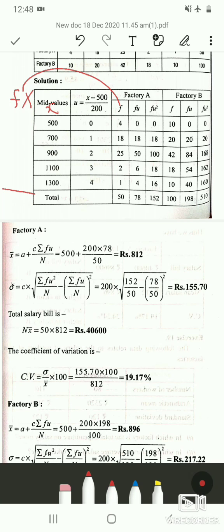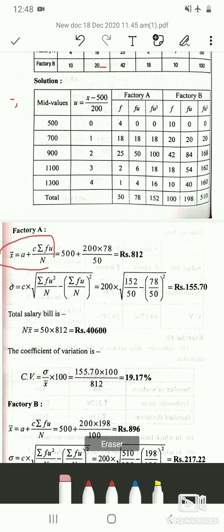Similarly for factory B, you can calculate summation f into x and substitute for arithmetic mean. If not, you can directly use this formula. So substituting all the terms obtained, x bar is equal to rupees 812.